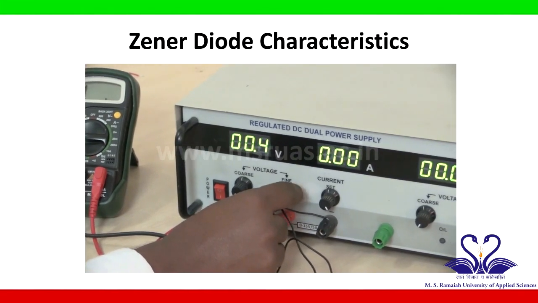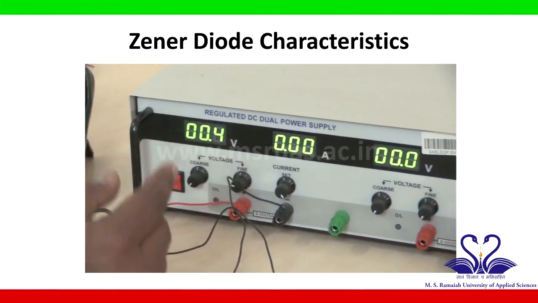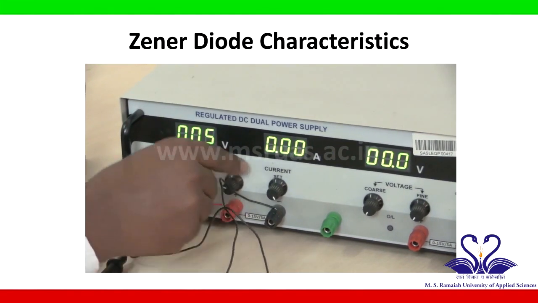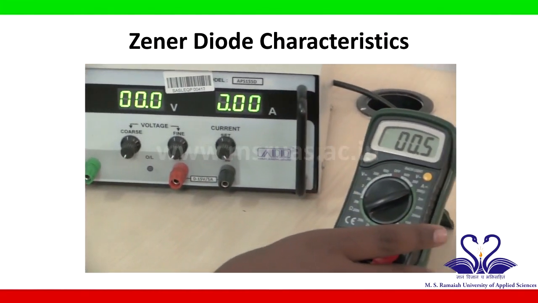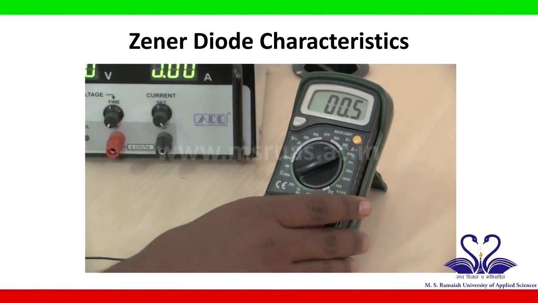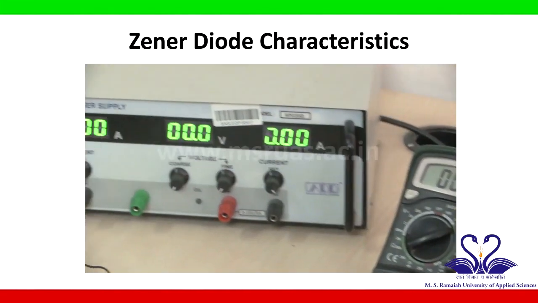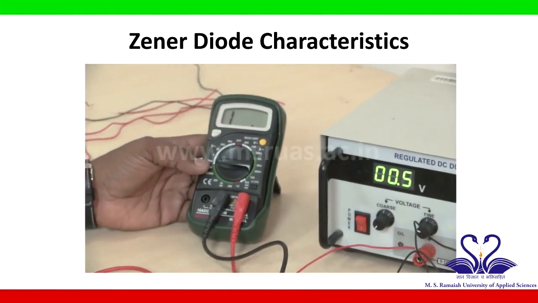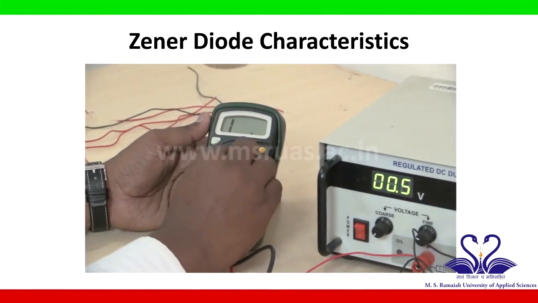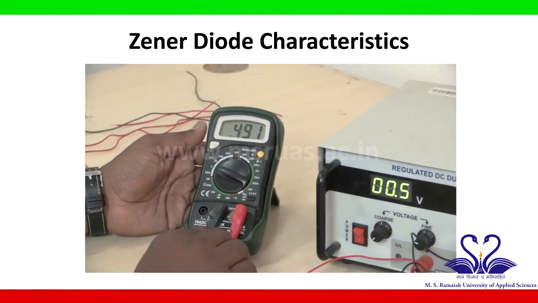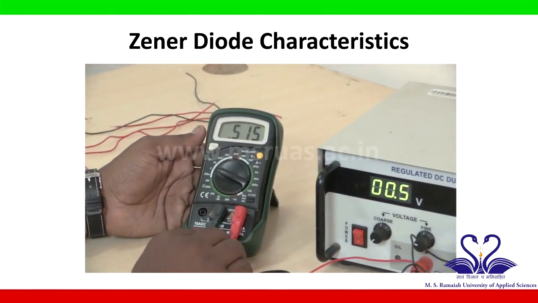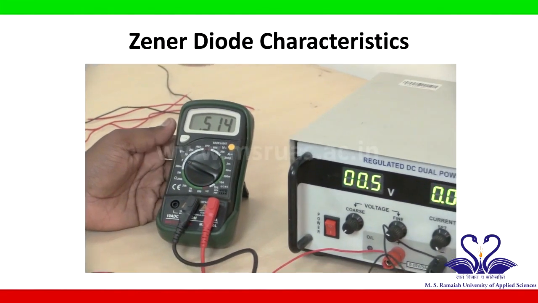For 0.5 volt of input voltage, I am getting an ammeter reading of 0.5 microamps, and the multimeter is showing out of range. So I will shift it to the next position. We are getting a voltage of around 0.515 volts. We will tabulate this reading in the tabular column.